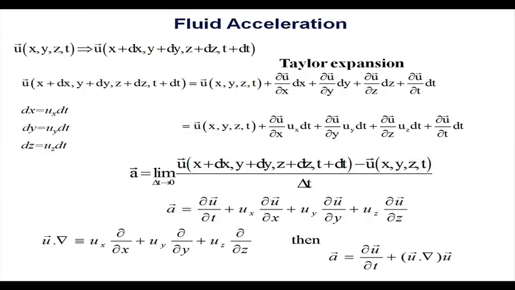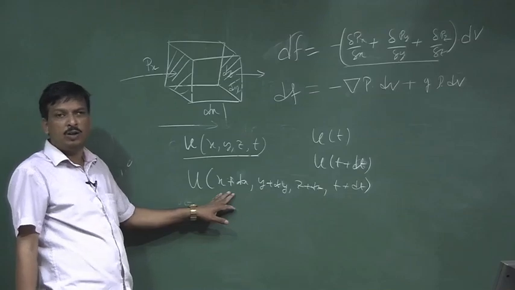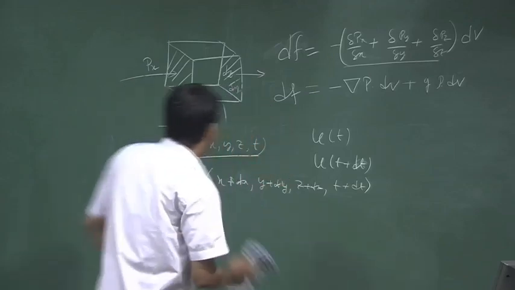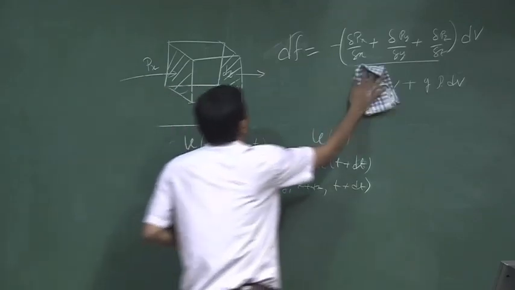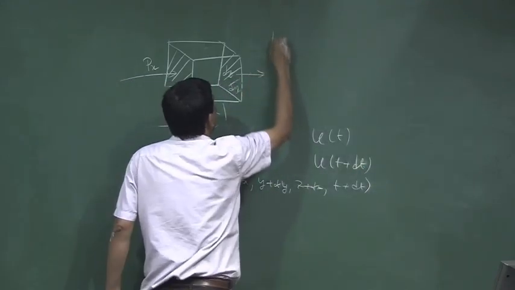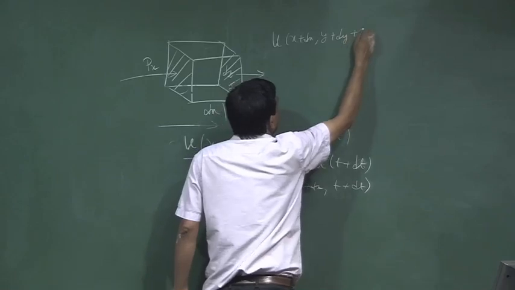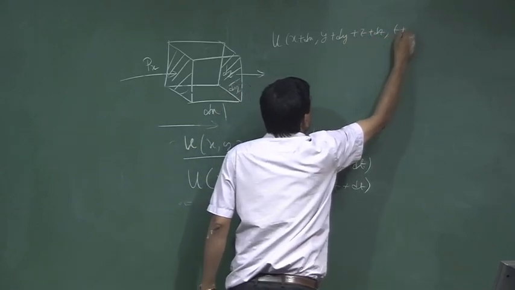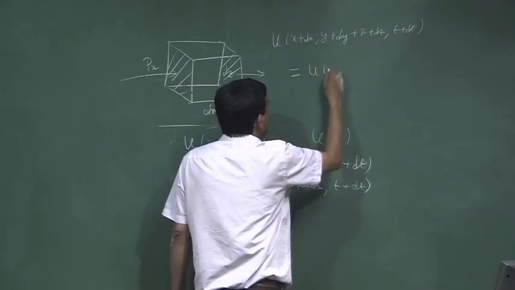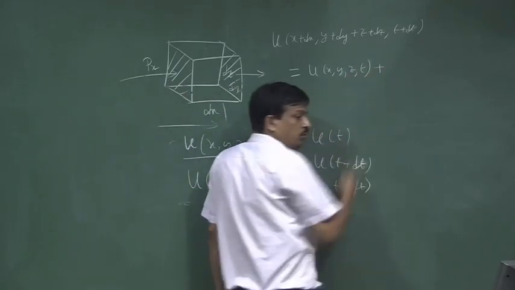Now, if I express the new particle velocity in terms of a Taylor expansion, because of the del t time change, I can write that u at x plus dx, y plus dy, z plus dz and t plus dt is nothing but the initial u at x, y, z, t plus the change due to the x direction.